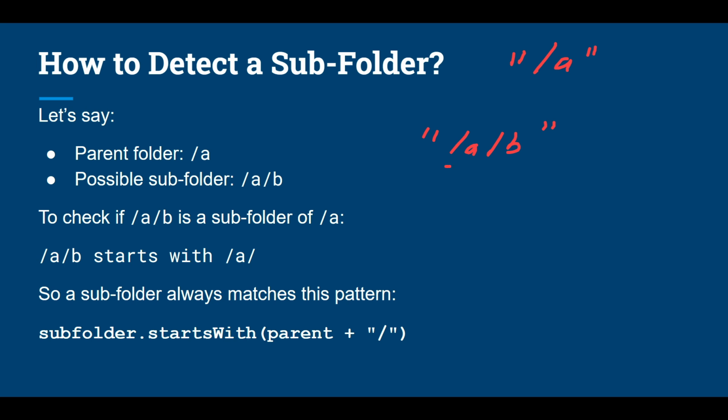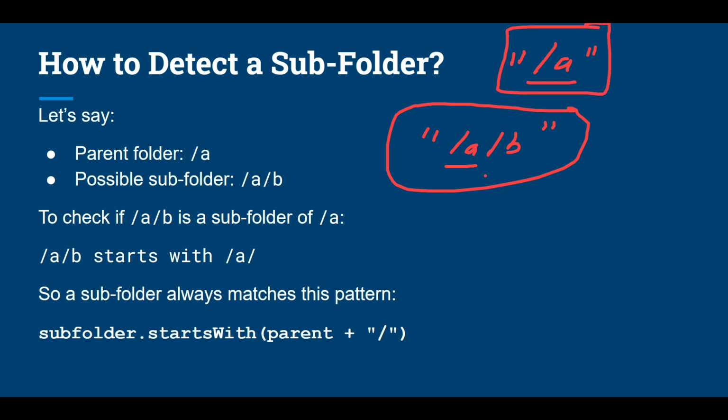Whatever the element is, how many characters are there? Let's say slash and a is 2 characters. So the first 2 characters will be checked: is this a subfolder, do the very first 2 characters look like this or not? If it is like this, we return true, which means we have detected the subfolder.